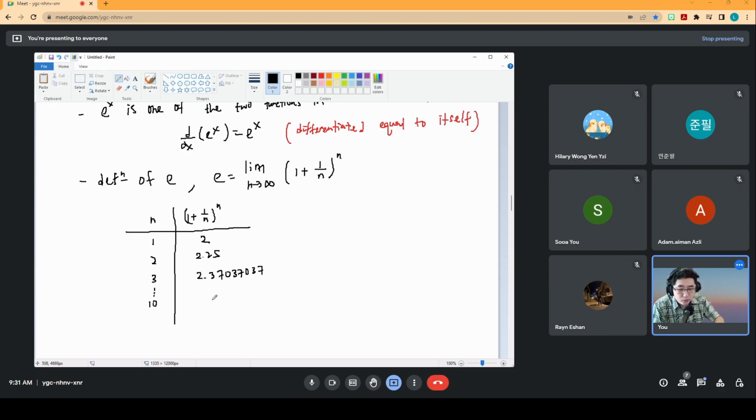So let's jump further to 10. If I go to 10, I will have 1.1 power of 10, which gives 2.593742446. Let's go higher, 100: 1.01 power 100 gives 2.7048133829.